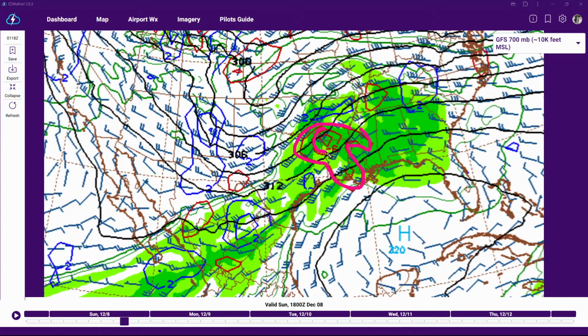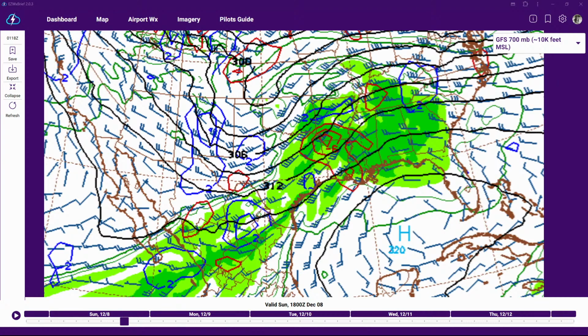And anytime you see this concentric ring, that means you have pretty good wide scale vertical ascent in the atmosphere. Again, this is not like an updraft in a thunderstorm, but a vertical ascent across a large area. That in and of itself gives us another indication that as of 18Z, there is some weather moving up there that has some support for vertical movement.